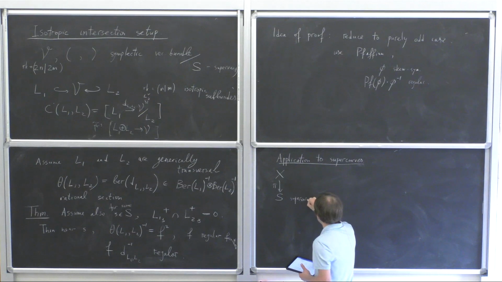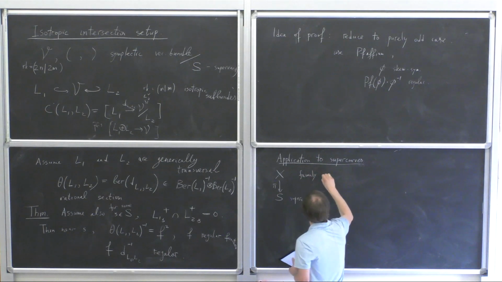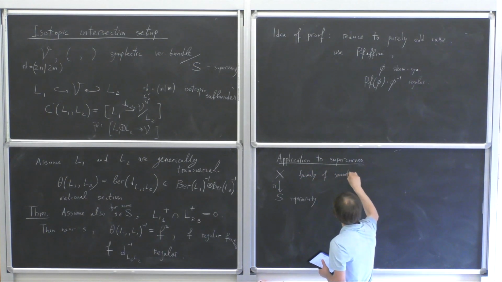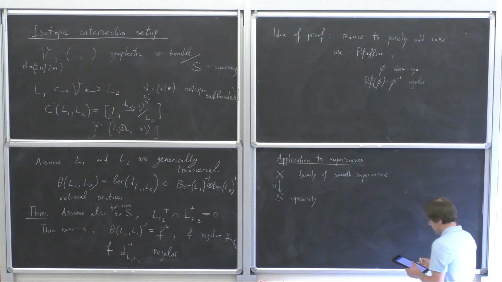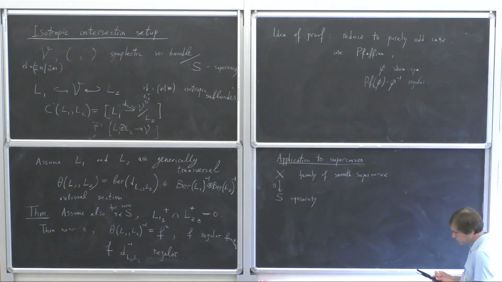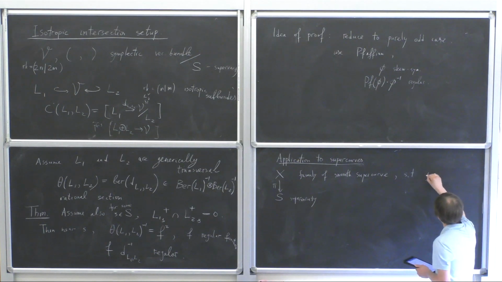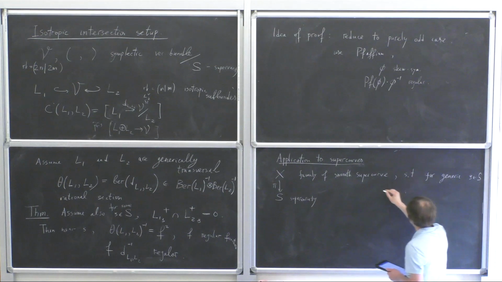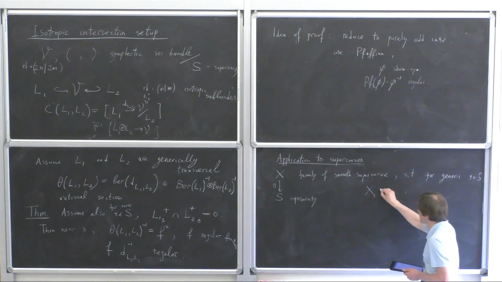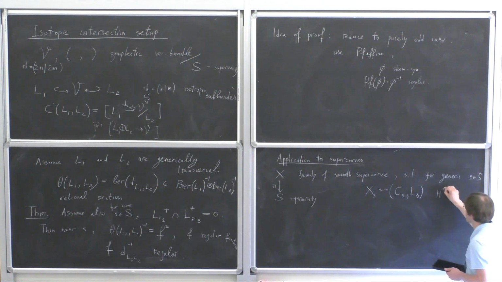So a family of smooth supercurves, such that for a generic point of the base, if I represent the corresponding supercurve in terms of a usual curve and a spin structure, then the global sections of the spin structure is 0.